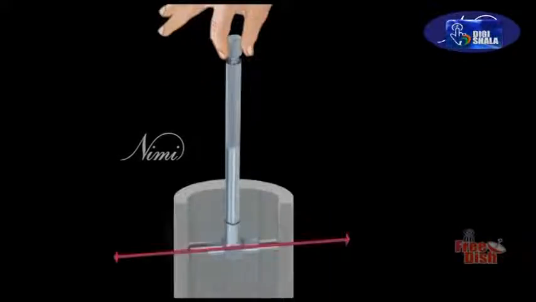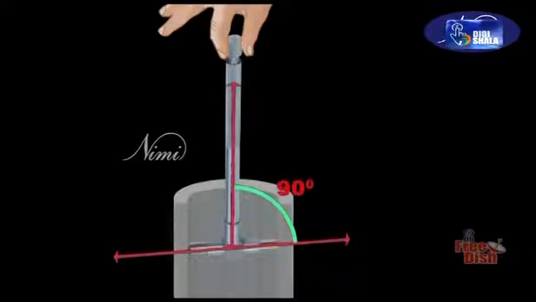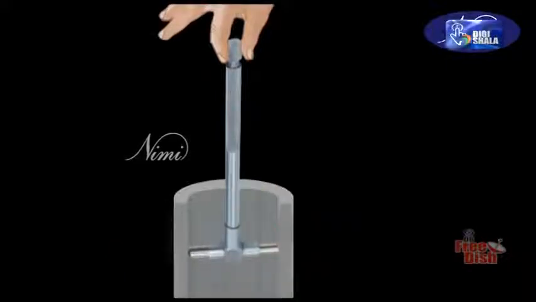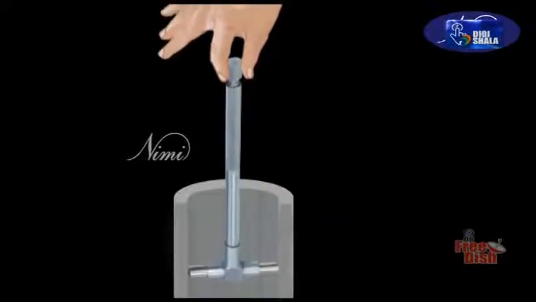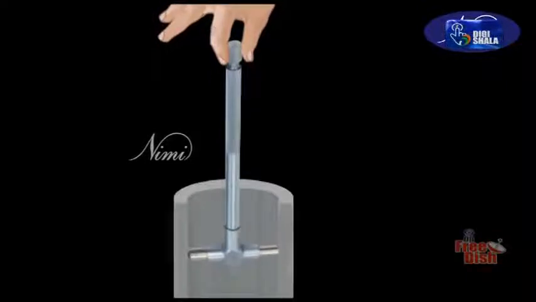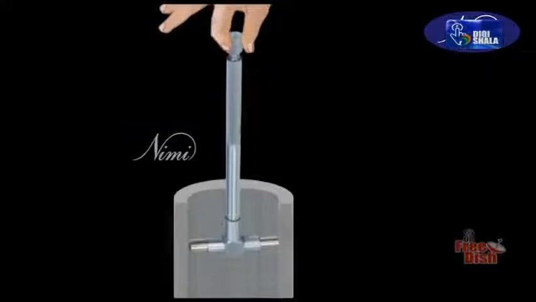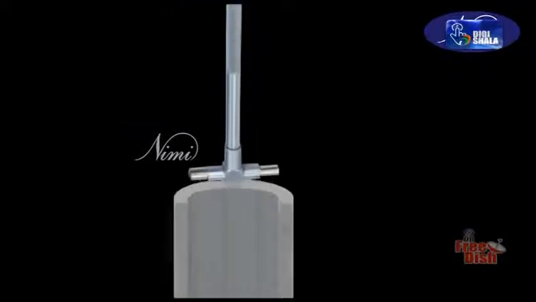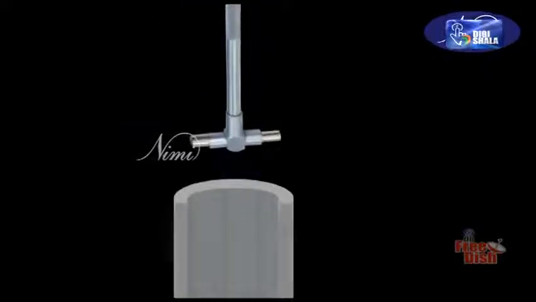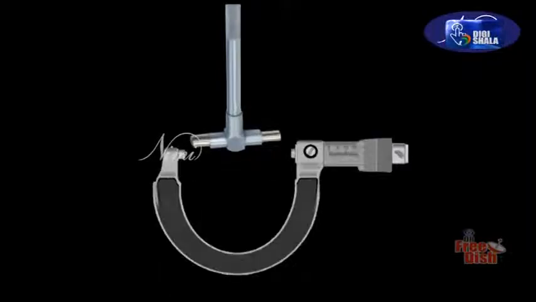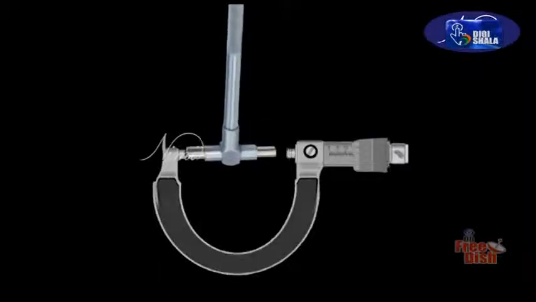Keep the telescopic gauge perpendicular to the diameter of the hole. Move the gauge slightly inside the hole and get the correct feel. Lock the telescopic gauge. Remove it gently from the hole. Transfer the measurement to an outside micrometer and read it.